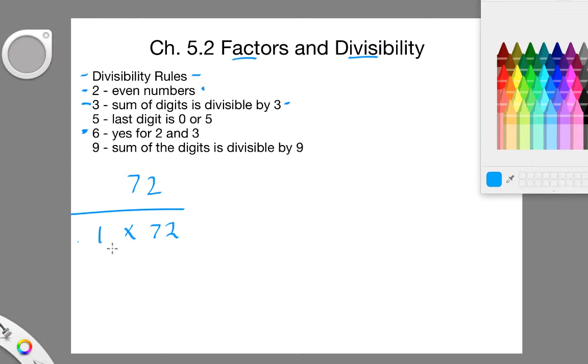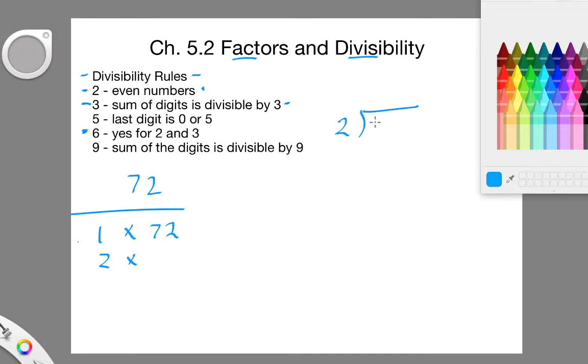Now you've got 2 times something is 72. So you're going to have to divide. And we have to decide if it divides. Does 2 go into 72? Yes, it does.